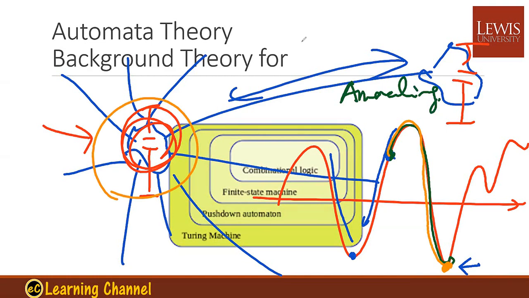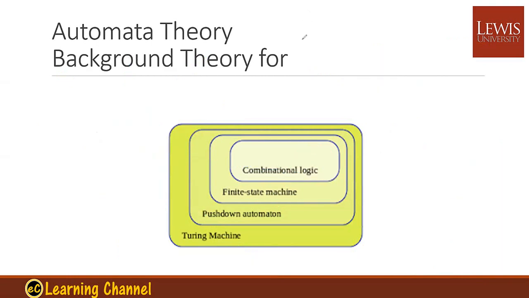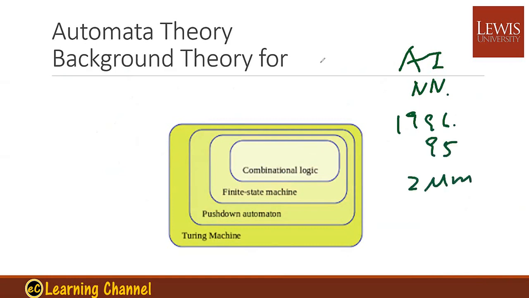But okay, this theory has been around for many years. AI has been there for many years. Same thing for neural networks. But in the year that I studied in the PhD program, I graduated in 96. 95, in that year, we were using 2 micron technology, right?